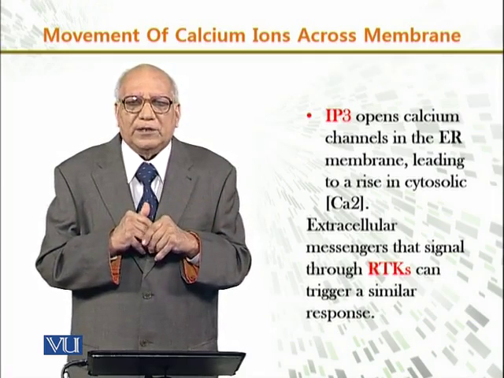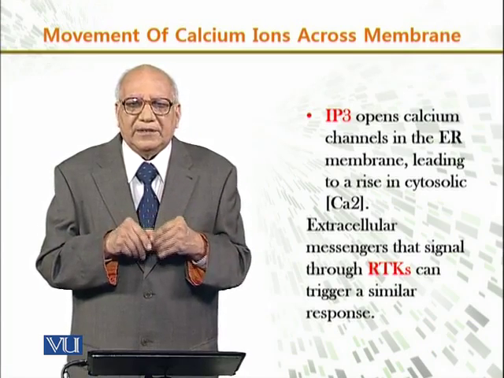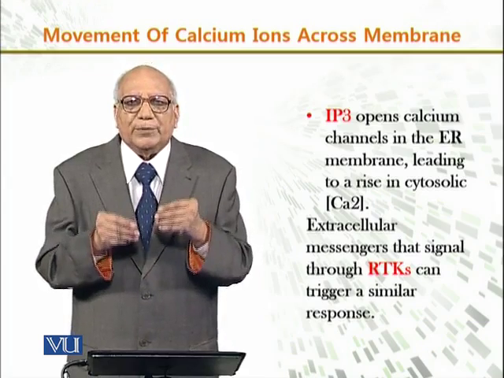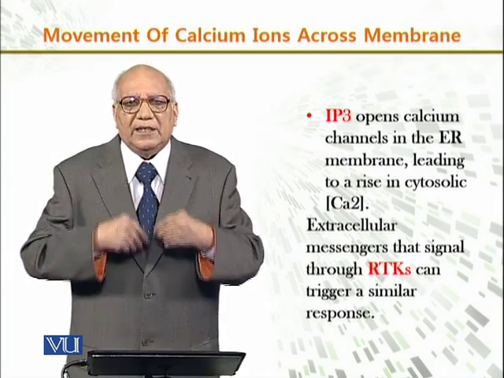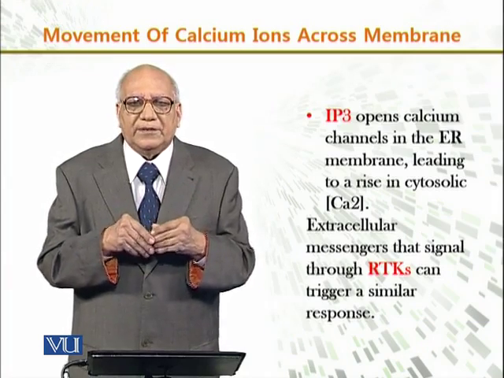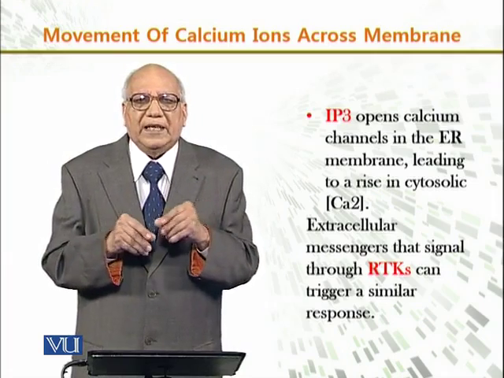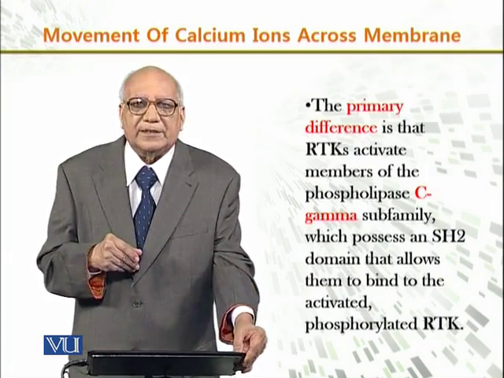Now, an extracellular messenger that signals through RTKs can trigger a similar response. If there is calcium present outside the cell, it will trigger a similar response, so that the calcium can pass through those channels.